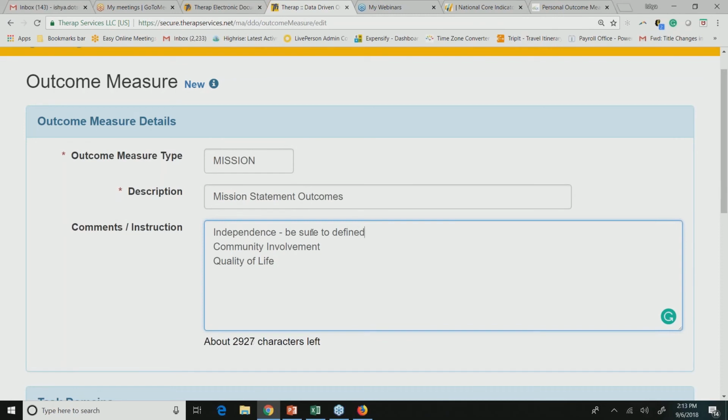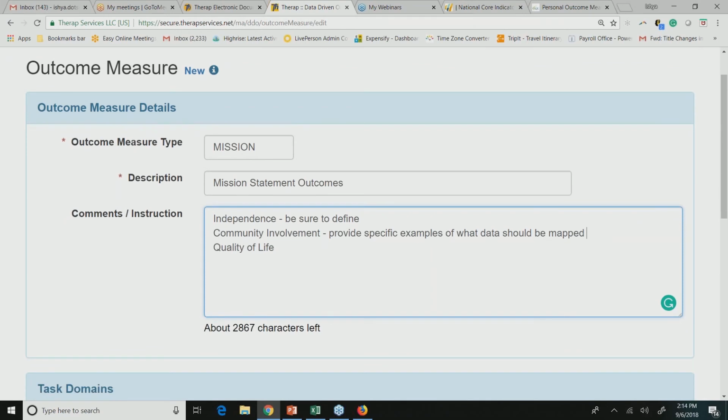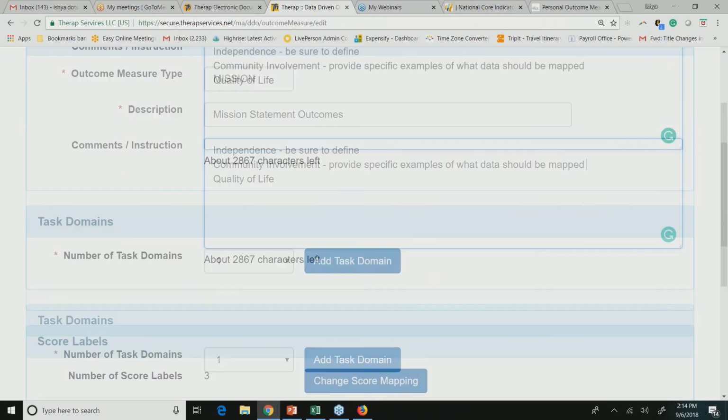So I'm just going to put a note in here for you guys to be sure that you define that information so that people have specific examples. Okay. So again, you guys will create those definitions so that people are really clear on what they're looking for.